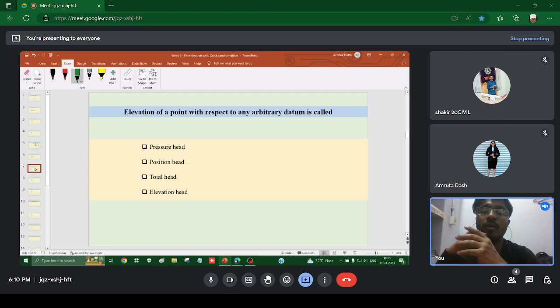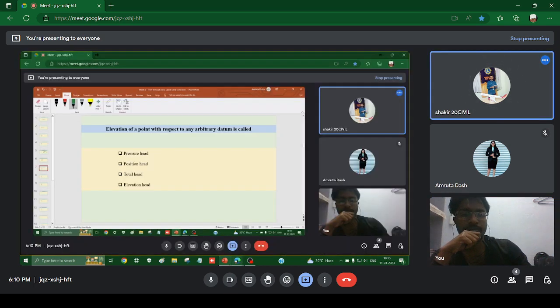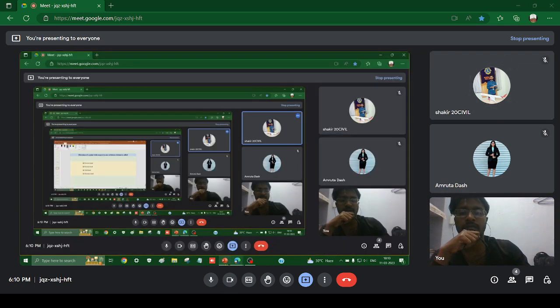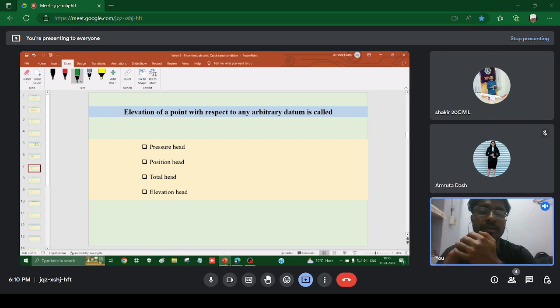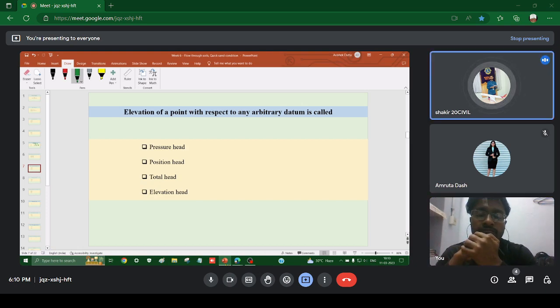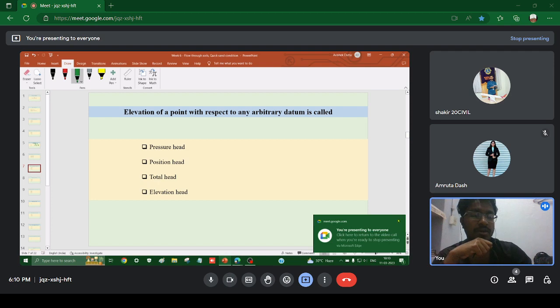Elevation of a point with respect to any arbitrary datum is called. Any answer? What is the answer of this question? Pressure head. We are saying pressure head.